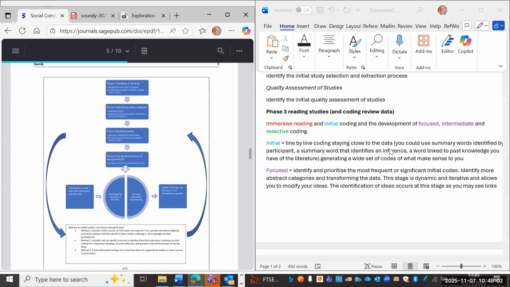And when we say that, what we're saying is stay close to the original data. Maybe it's the words that are used by the authors or the participant quotes. Maybe it's a summary word that identifies an inference you've made. Maybe it's a word that links to past knowledge that you've had of the literature or theory, or any knowledge that might relate to this. I think that can be used as a code to help you make sense of what's going on.